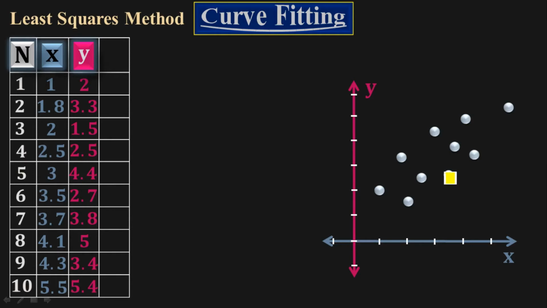Seventh point is at 3.7 along the x-axis and 3.8 along the y-axis. This point is at approximately 3.8 along the y-axis and approximately 3.7 along the x-axis. This is my seventh point.